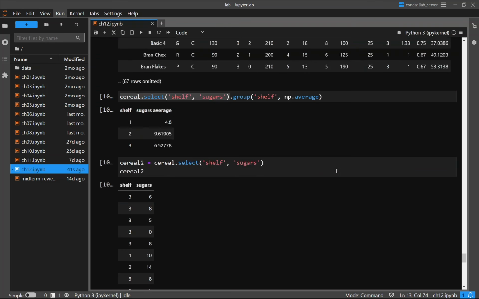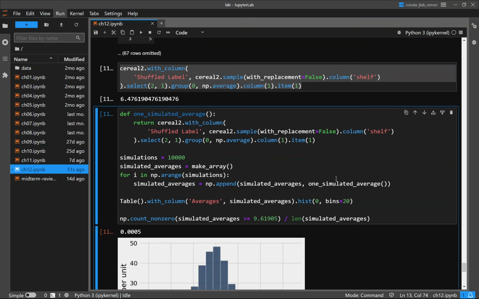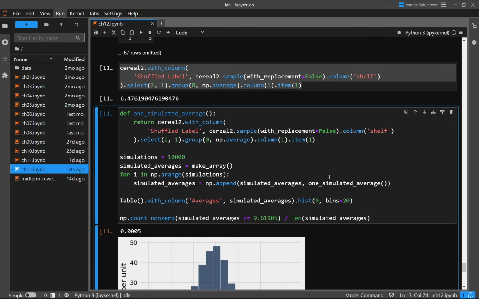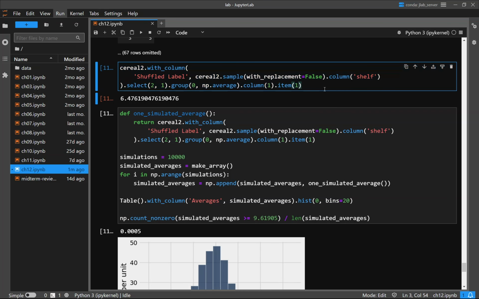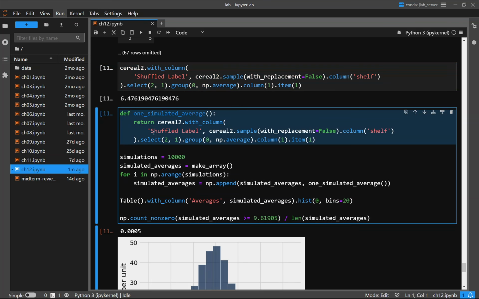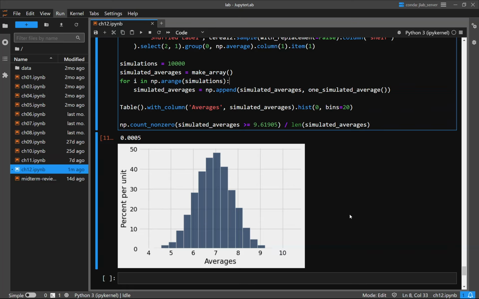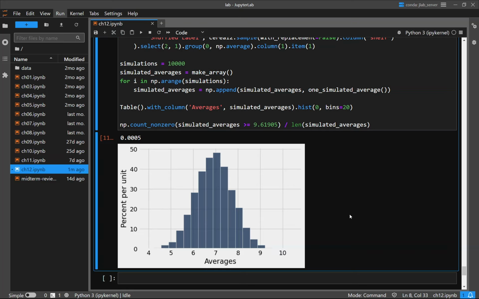Okay, any questions about this process? Do you see it working out? It takes some fiddling to get the piece that you want, because we have to again come up with what our statistic is. Our statistic ended up being average sugar. And then how did we simulate and get that every time? That was a little complicated. But once you find that number, you can do it a bunch of times and compare it to the original.